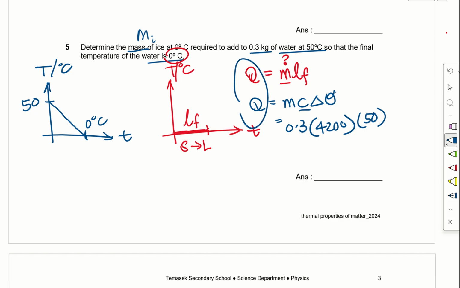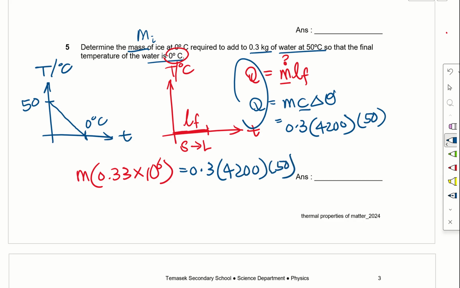So we can actually equate these two together. So M multiplied by the specific latent heat of fusion will be equal to 0.3.